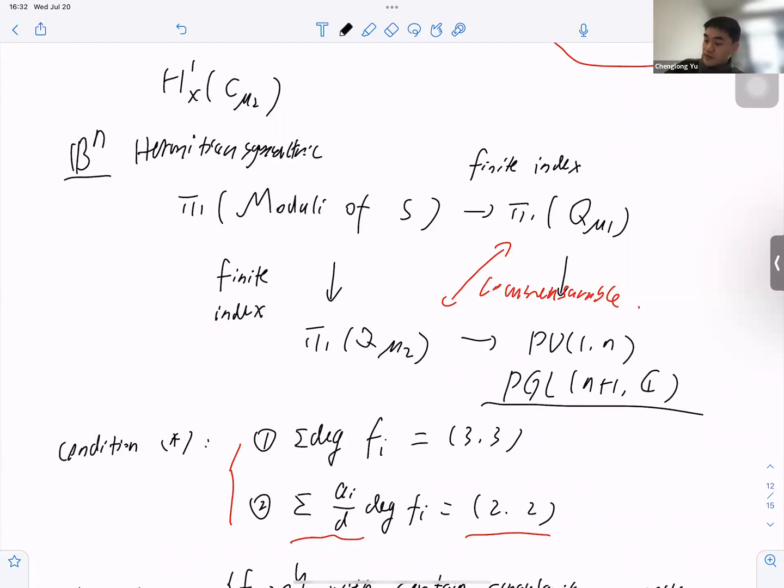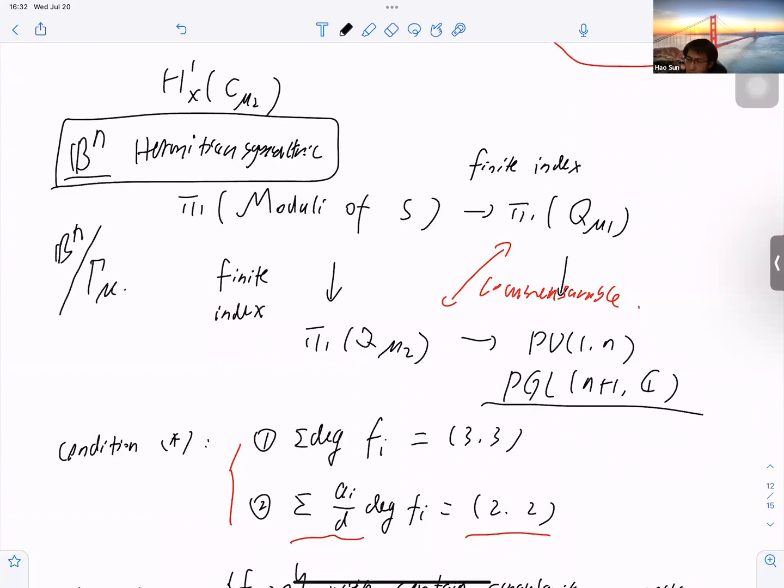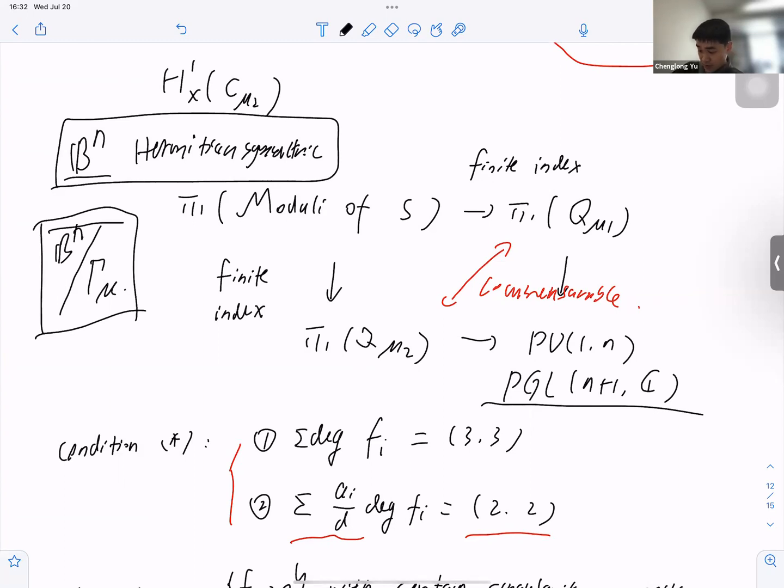And it's non-algebraic. So there's no algebraic structure on it. But when you quotient by those monodromy groups, then it has a natural algebraic structure, and also has a natural compactification, Baily-Borel compactification or toroidal compactification.